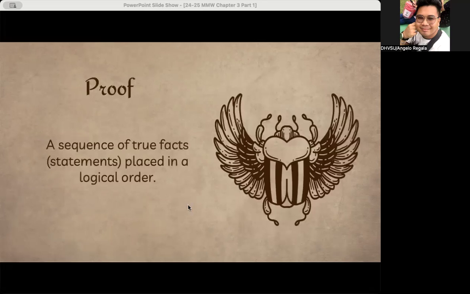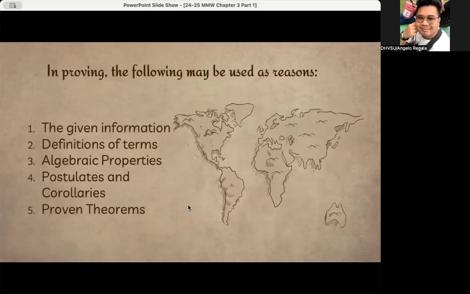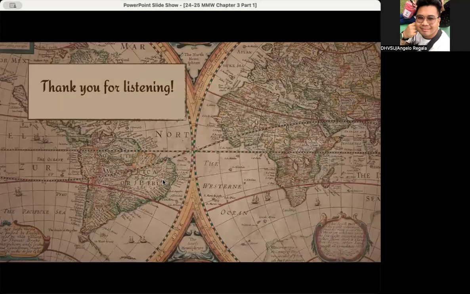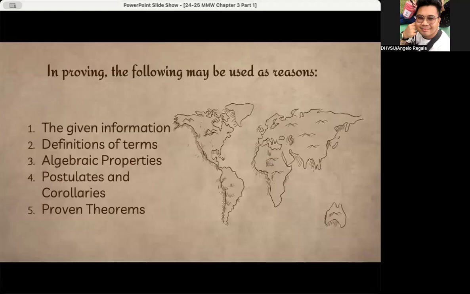Okay, so proofs can be in the form of the given information, no? Yung information na nandun sa problem can be considered as a proof, no? Pwede nating sabihin yung mga terms na based on the problem, ganito, ganyan yung mga given. Or it can be the definition of terms, yung mga meaning ng mga terms na ginagamit natin.